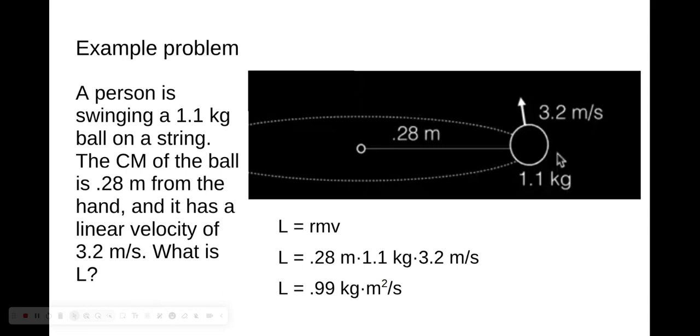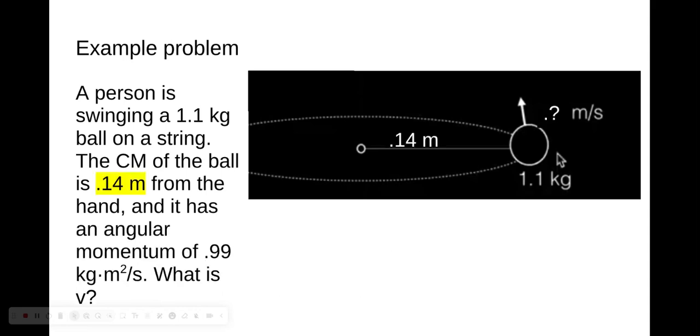Now, what would happen if we shorten that string? What would happen, for example, if you cut that string in half? Well, if you know the previous angular momentum, then you can use that now as a known value to figure out the new velocity. So the angular momentum was 0.99 kilogram meters squared per second. We're going to set that equal to RMV.